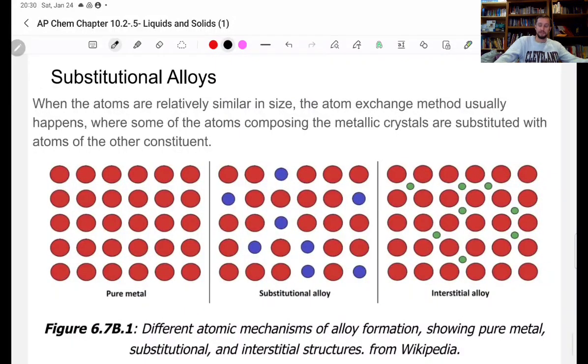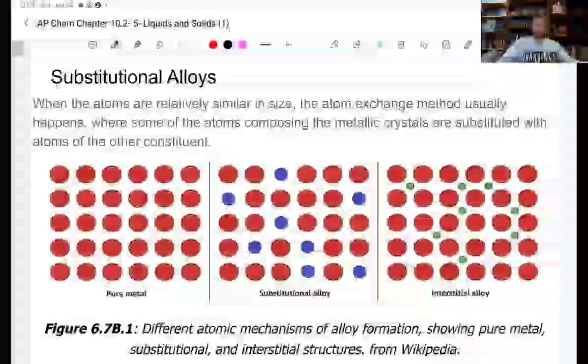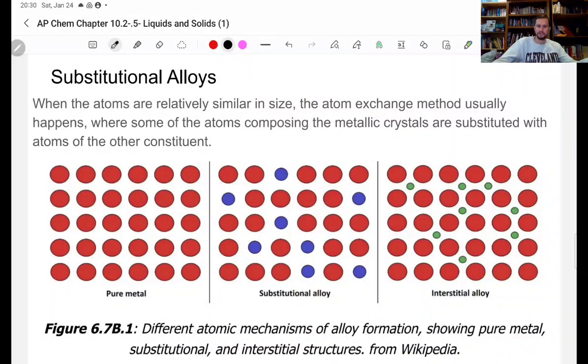So again, as I was saying, substitutional alloys are when the atoms are relatively similar in size. The atom exchange method usually happens, where some of the atoms composing the metallic crystals are substituted with atoms of the other. Just like if you are listening to this as I'm recording this, you have a substitute teacher, because I'm not there because of craziness, right?